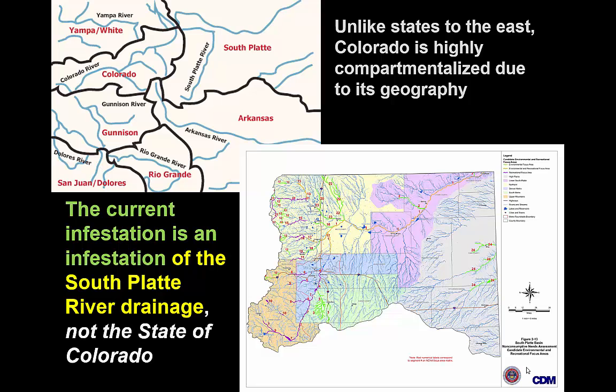Now, where emerald ash borer has become introduced elsewhere, it has been able to spread throughout the state. I do think it's going to be different in Colorado. I do think it's going to be different in other western states in terms of how it will move, because in this part of the country we have geographic compartmentalization. We have areas that are defined by mountain ranges.